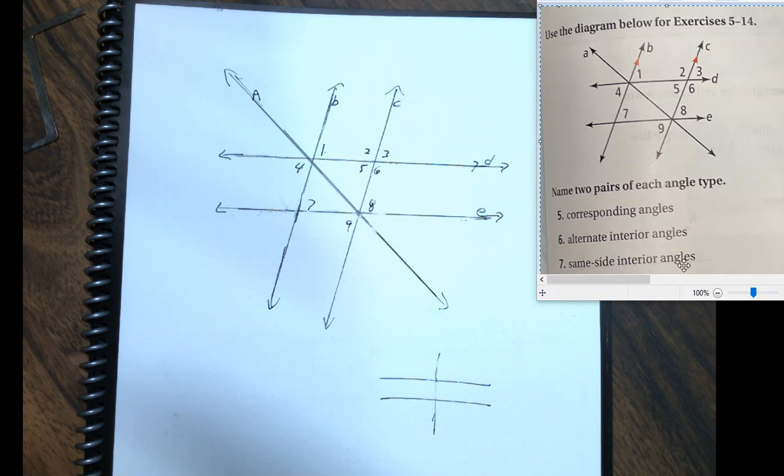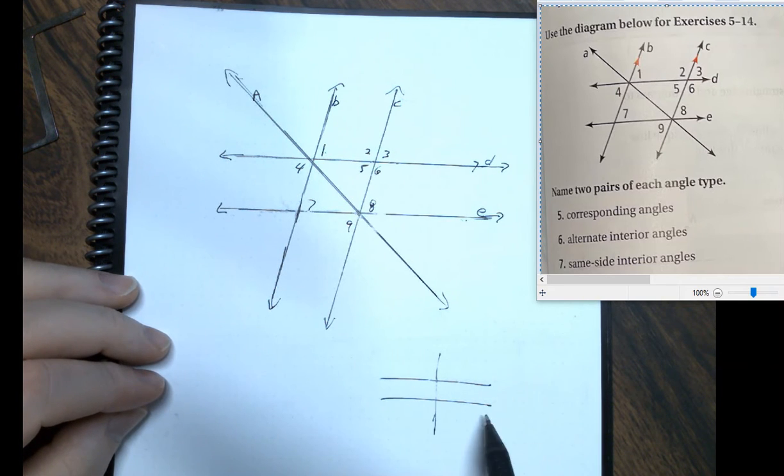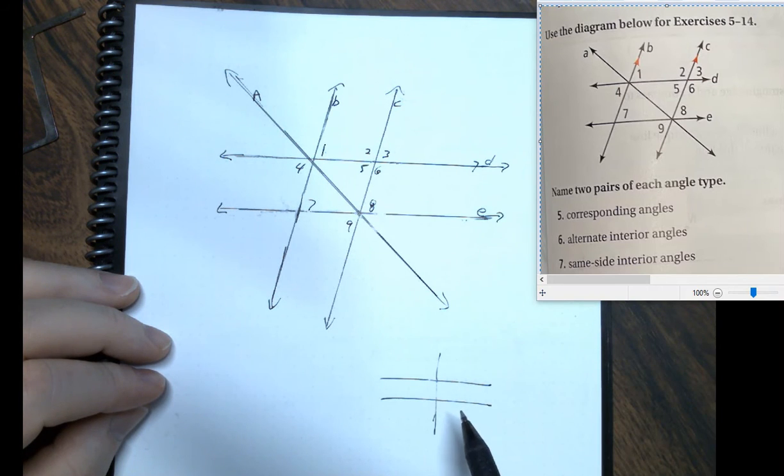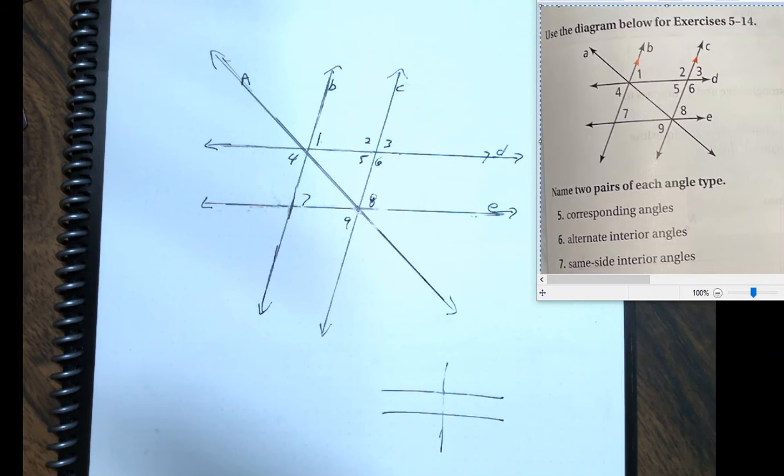Okay, now on our last, number 7, it's asking for same side interior angles. So we touched base a little bit on interior angles, but this time it's asking for the same side of an interior angle. So as an example, what we're looking at is two parallel lines and then a transversal that's cutting them. Now the same side interior angles are also known as co-interior angles.